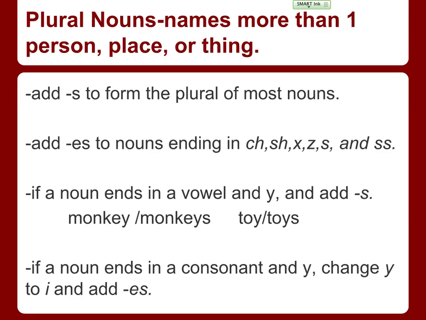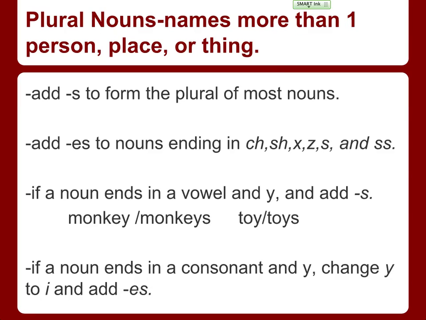Most of the time you're adding S to the end for plural nouns. Now, the times that you add ES to nouns: if something ends with a CH, an SH, an X, a Z, an S, or an SS, you're going to add an ES.